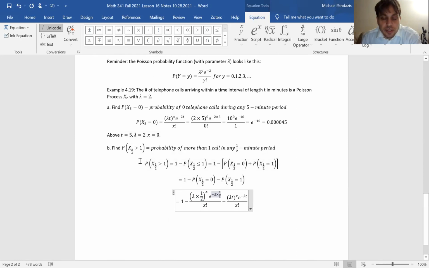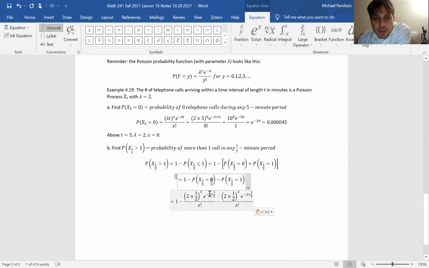So t is 1/2. Lambda is always 2. It's given in the problem. So lambda is 2. Okay. So for both of them, the value of t, which is 1/2, and lambda is 2 is the same. But for the first term, this term, x is 0.